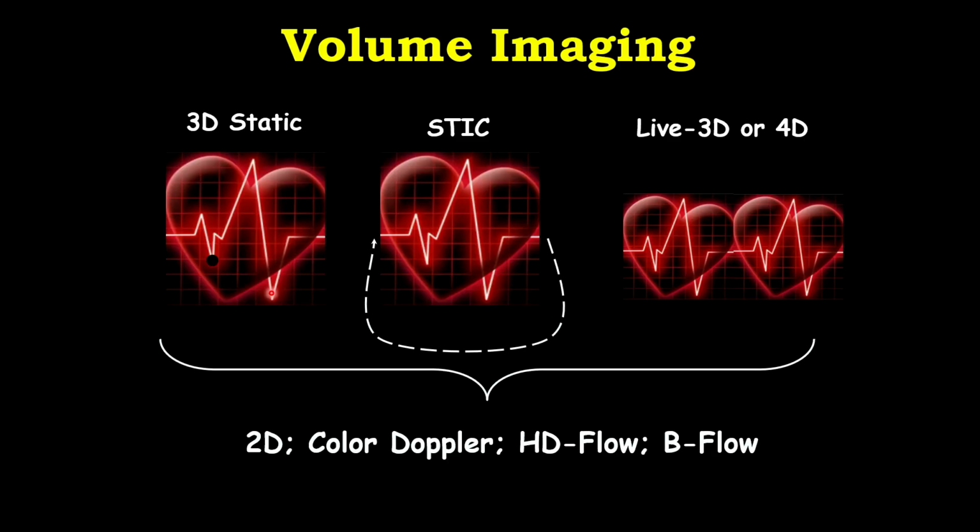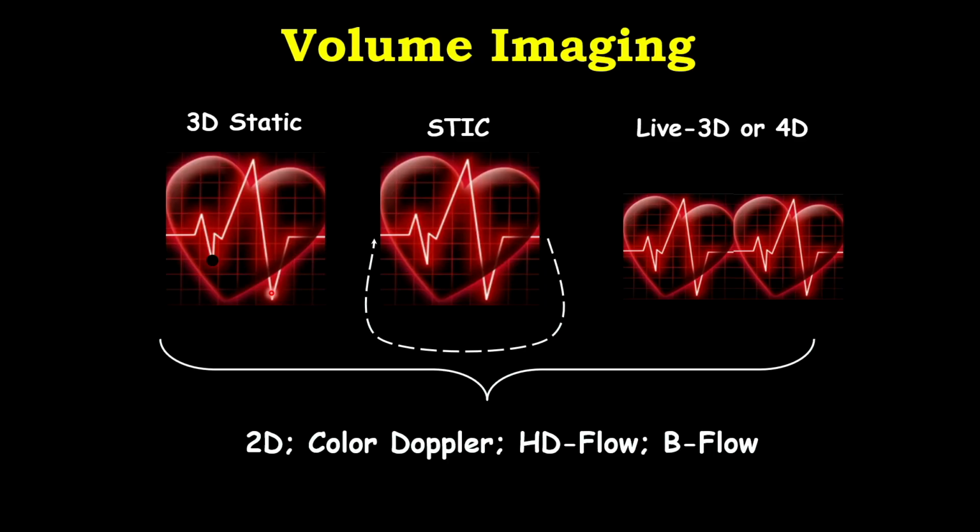Then we have a technology that's called the STIC, Spatial Temporal Image Correlation. This is something that a 3D probe can generate, and it puts the different frames in order and generates a virtual cardiac cycle. That's why you can see it on the display of the ultrasound machine: you have that cardiac cycle looped, and you see this in motion.